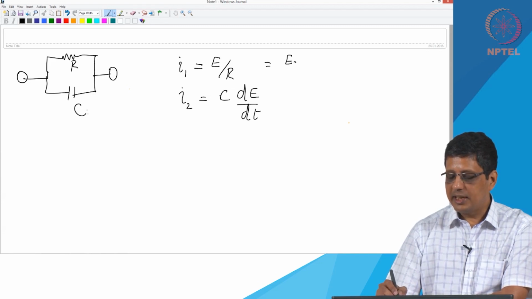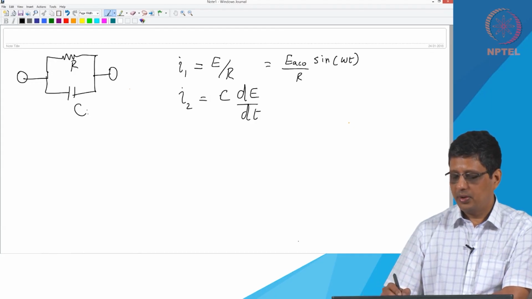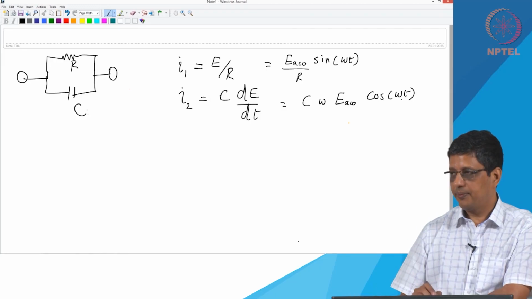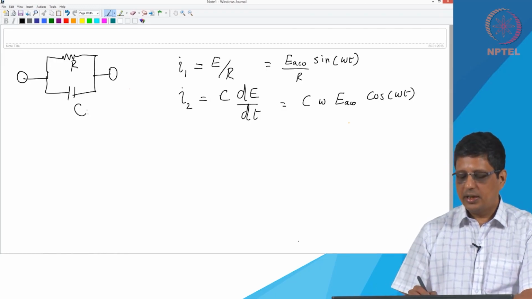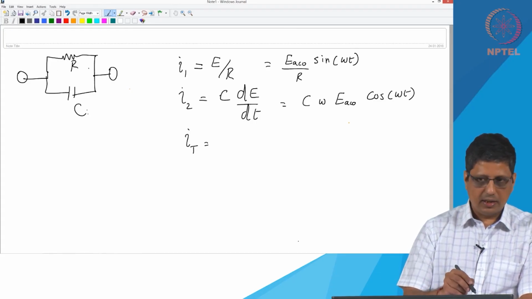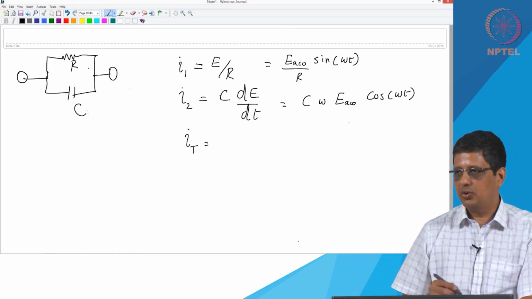When you apply a simple sinusoidal wave, we will write it as before, and here we will write it as, we have seen this before. The total current is the sum of the current through the top branch and the current through the bottom branch.